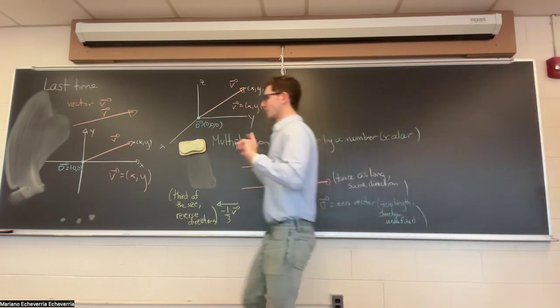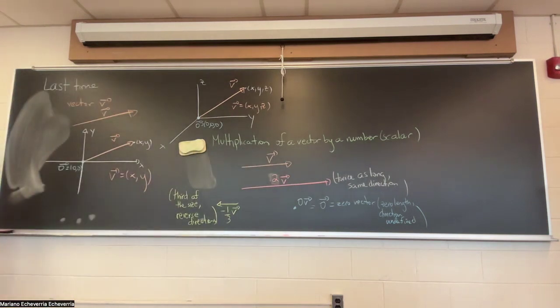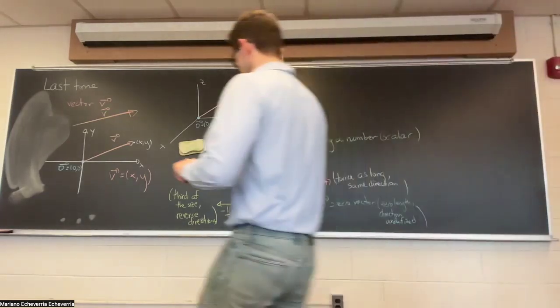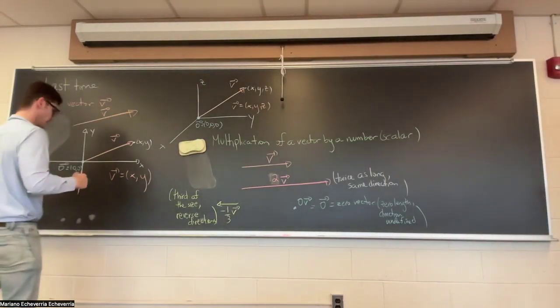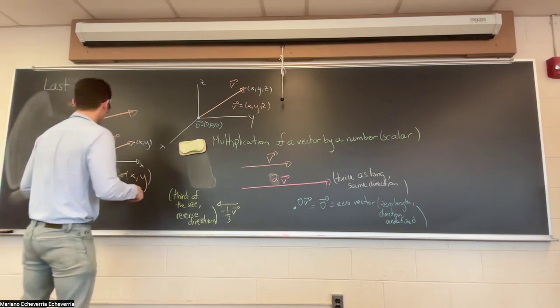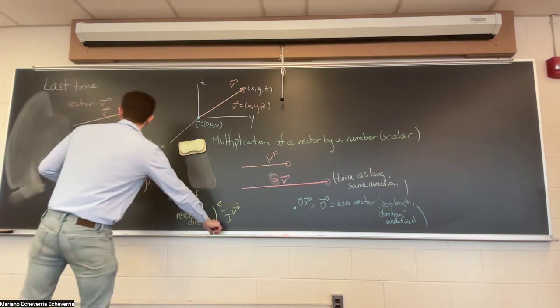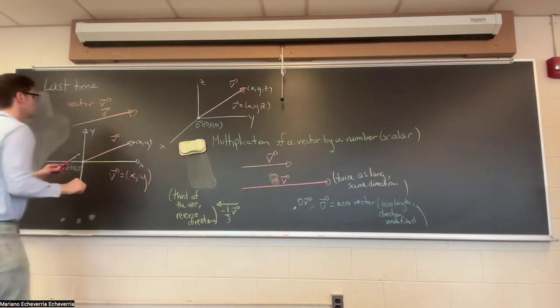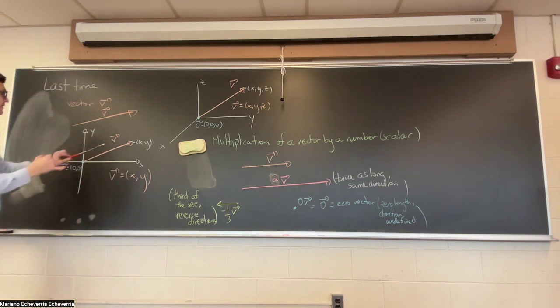Okay, so before moving to the dot product, there are two more things that I wanted to tell you. When you look at a vector like this, you want to think of this vector as being made up of two pieces.